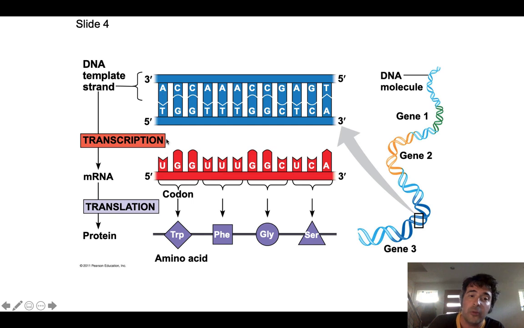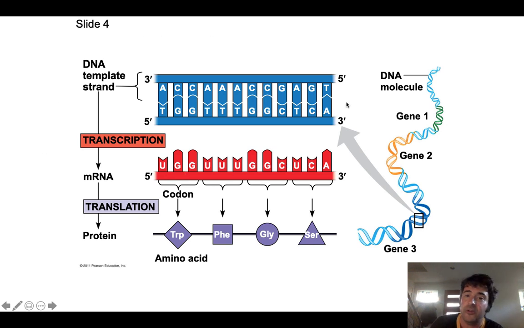So adenine forms complementary base pairs with uracil, cytosine with guanine, and so on down the strand. So the only letter that changes, essentially, is all the T's turn to U's, because uracil is the base used exclusively by RNA instead of thymine.